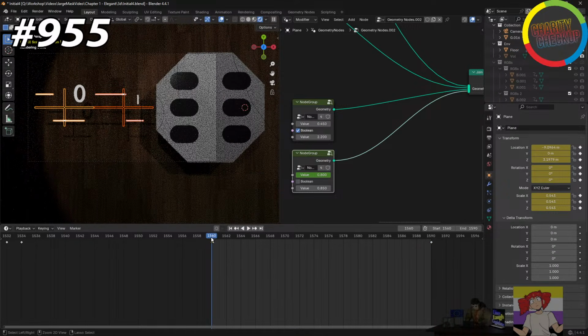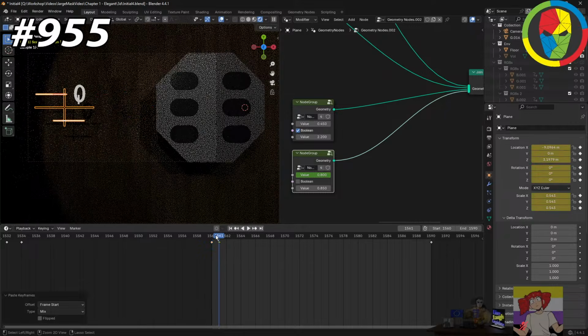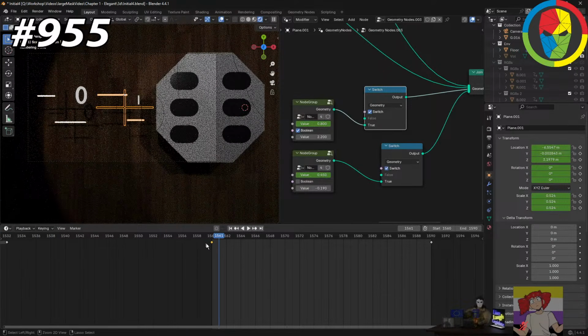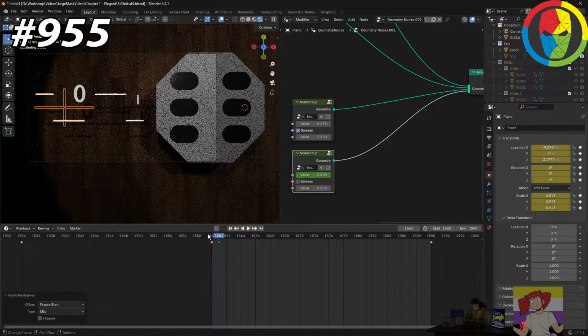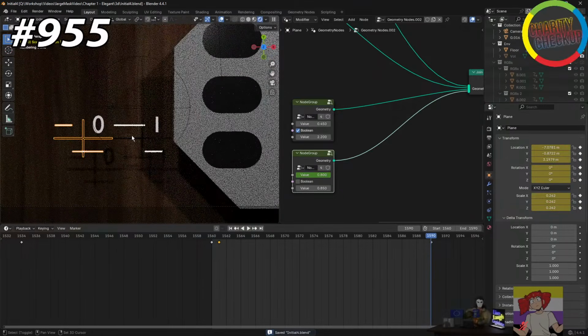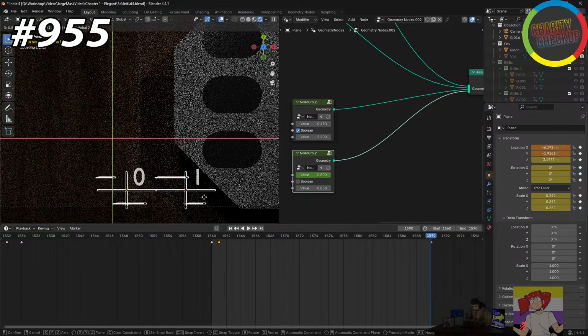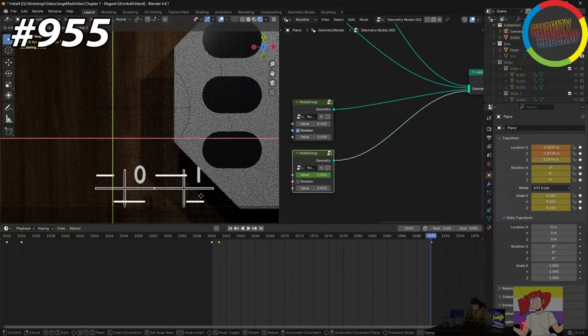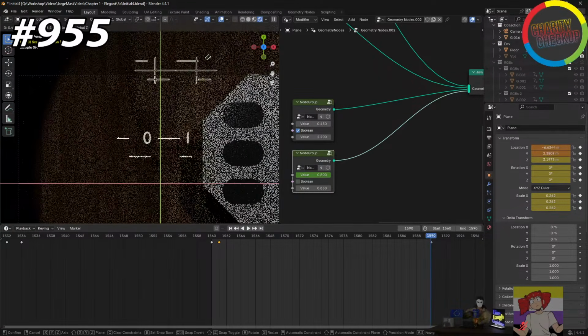This keyframe. Can I just paste it in? That would be nice. No, I cannot. Obviously I can't, that would be too easy. And then these have to... No, they will have to move somewhere. Maybe right here?